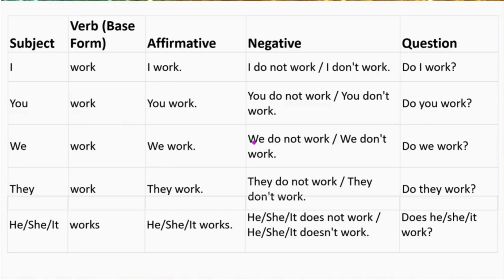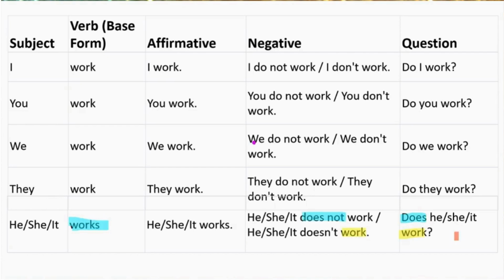We work. We do not work. Do we work? They work. They don't work. Do they work? He works. He doesn't work. Does he work? She works. She doesn't work. Does she work? It works. It doesn't work. Does it work?